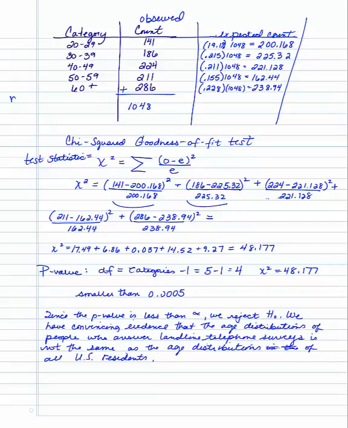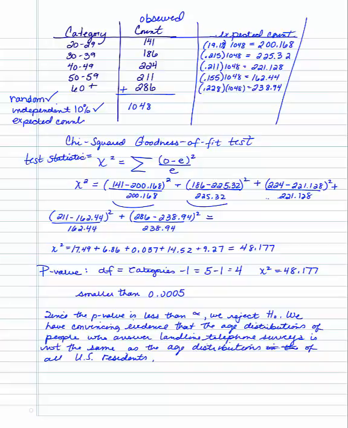Was it random data? I'm up at the top here. Did it say somewhere that they were chosen by random? Yes. Was it independent? Which is still that 10% rule. Yes, I'm assuming that there's more residents than 1,048, or 10 times that much.